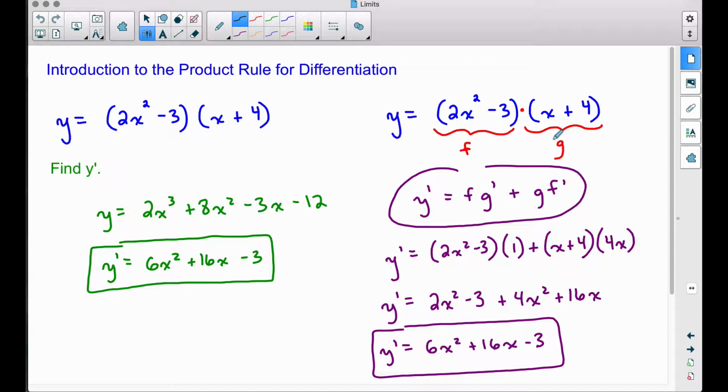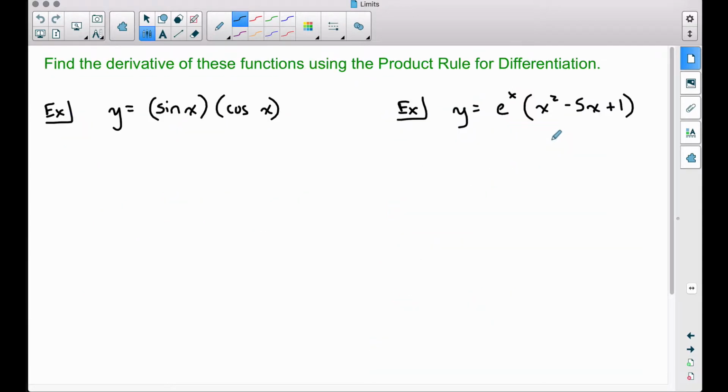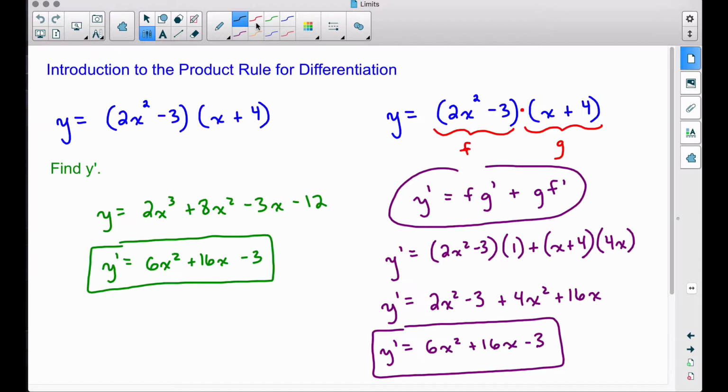Let me be very clear before we do these two examples. When you are trying to find the derivative of a product of two functions, you cannot take the derivative of this times the derivative of this. To emphasize that even further, let me show you. So this is a big no-no. I should have mentioned it in that video, but I want to show you anyway. We see the derivative is the same regardless of what technique we used here.